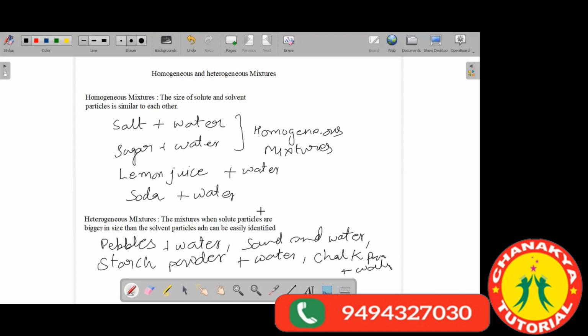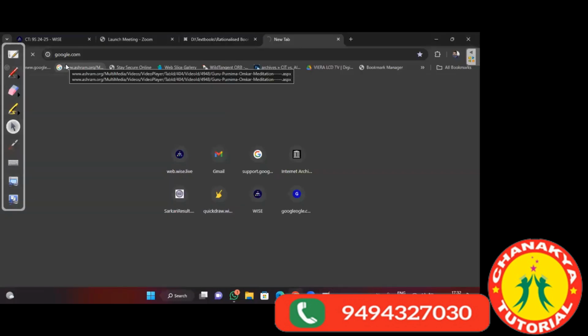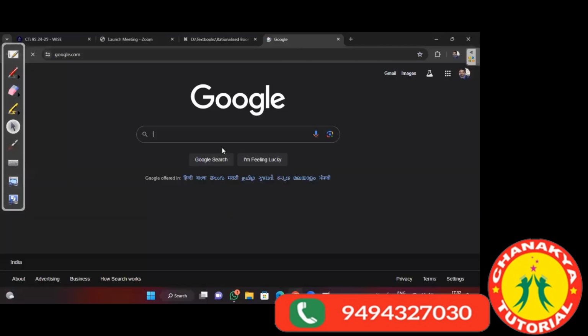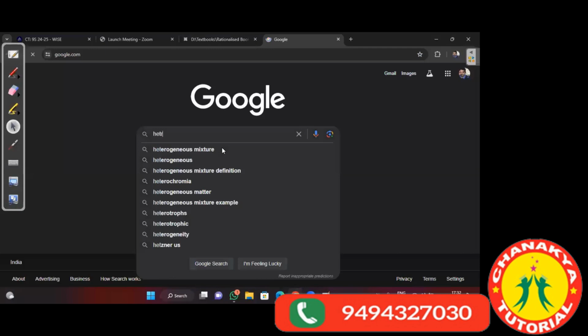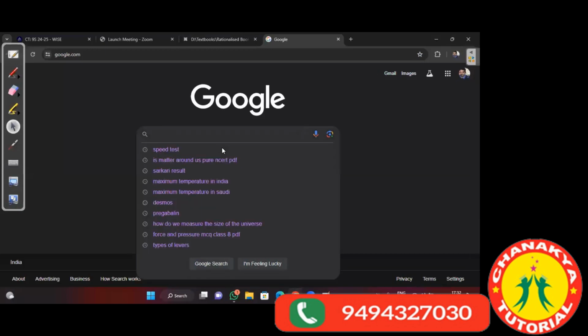If you have a mixture of chalk powder and water, the particles of chalk powder are easily identified. Let me show you some heterogeneous mixtures, this one, chalk powder and water.